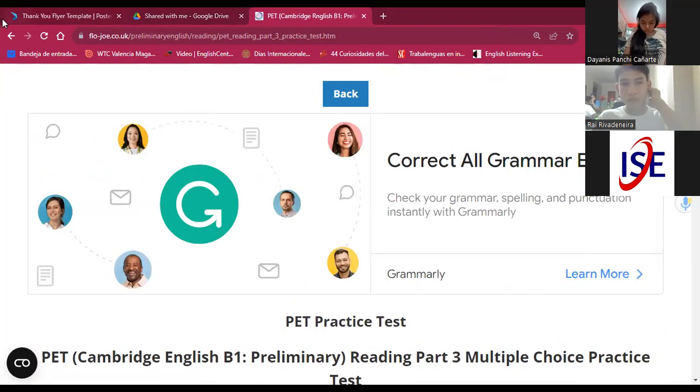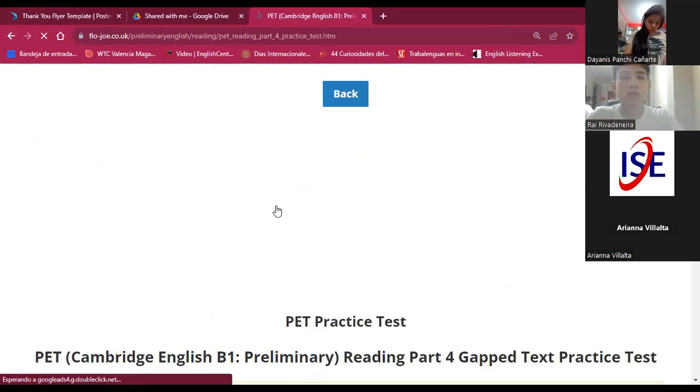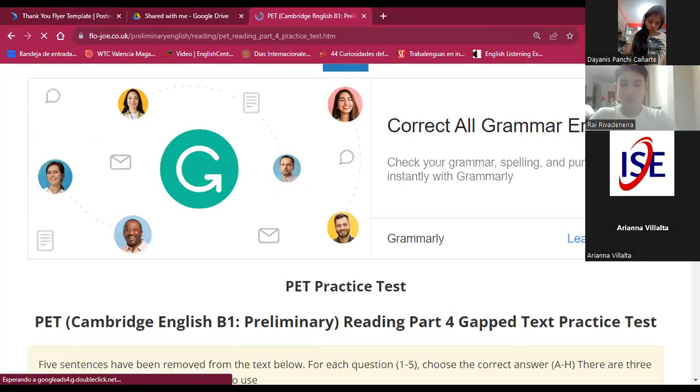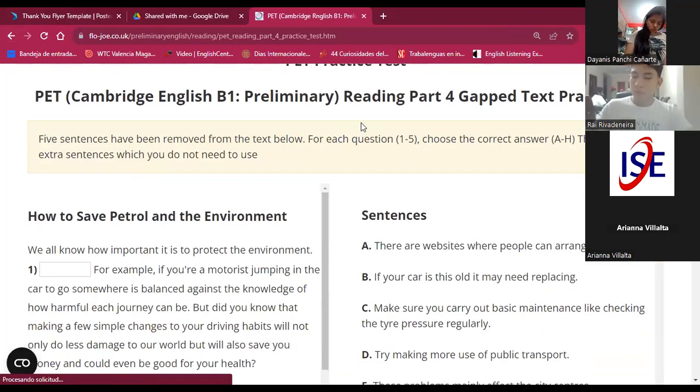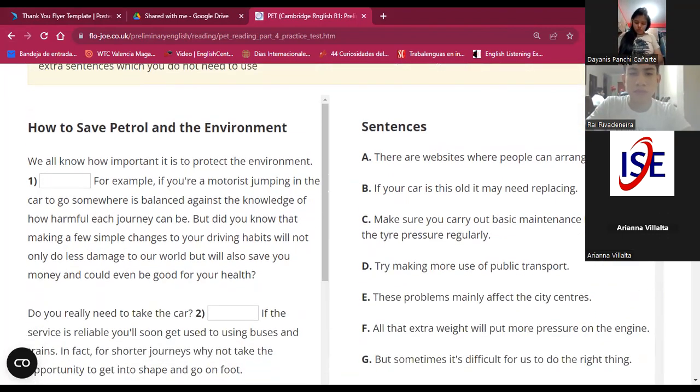We already did this. We go to the next part. Gapped text. Here you're going to have a text, and you're going to choose words to fill the blanks. So first of all, let's do skimming. Please read the first paragraph as fast as you can. Only the first paragraph, please.